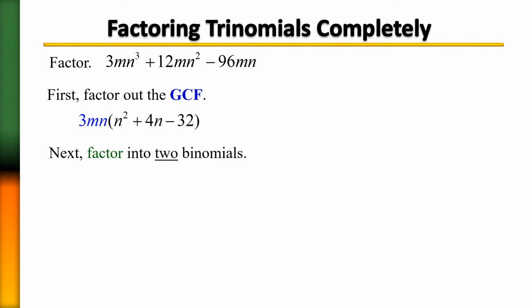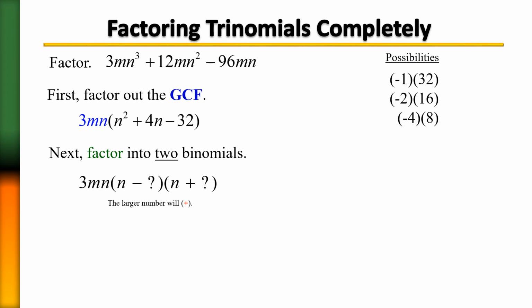So when we factor it, it's going to factor into n plus something, n minus something. We just found out that it's going to be with the 4 and the 8. By the way, there are other possibilities of how you can get 32. I want to make a note of that. But it's the pair with the negative 4 and the positive 8 that's going to work.